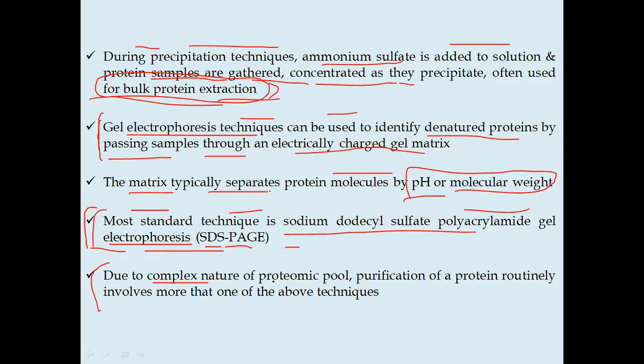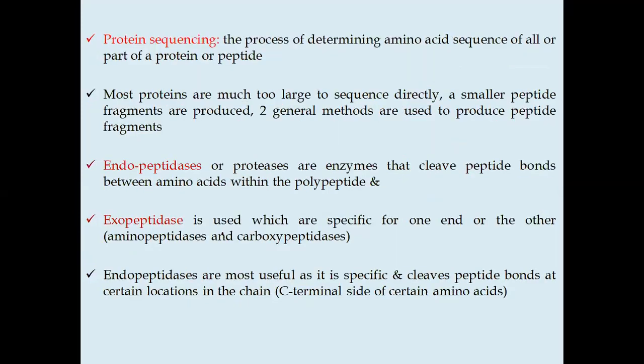Due to the complex nature of the proteomic pool, purification of protein routinely involves more than one of the above techniques. So, as we know, proteins are complex in nature and the purification usually involves more than one of the techniques we discussed. Next is protein sequencing.